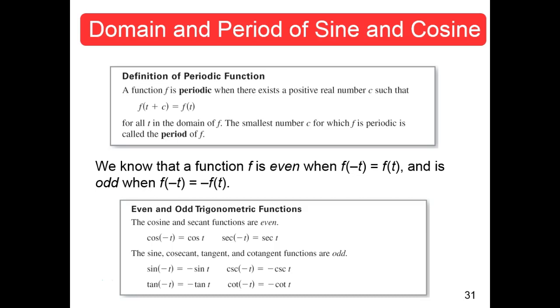But if it's an odd function, you go over t and you're up here, you go to minus t, you're down here. That means they're the opposite of each other. In regular polynomials and other algebraic functions, most of the time your functions are going to be neither even nor odd. Occasionally you have an even function, occasionally an odd function.